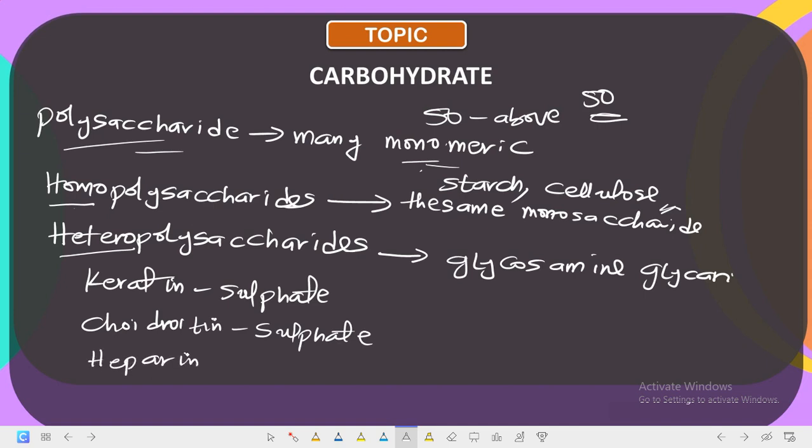All these ones are heteropolysaccharides. So that is the classification of carbohydrates. We said they are classified as monosaccharides, oligosaccharides, and polysaccharides. Under the oligosaccharides, we have the disaccharides, which we are going to look at in detail later.